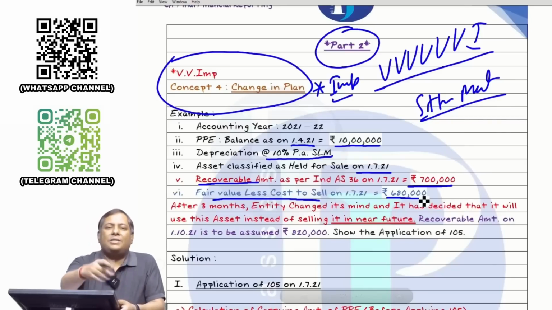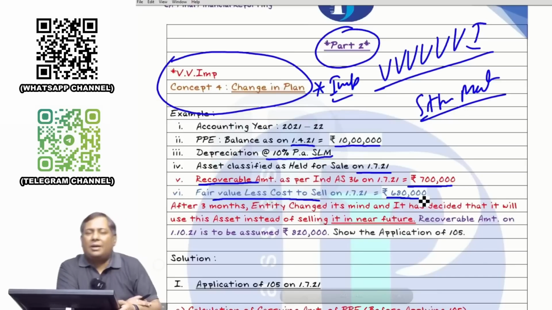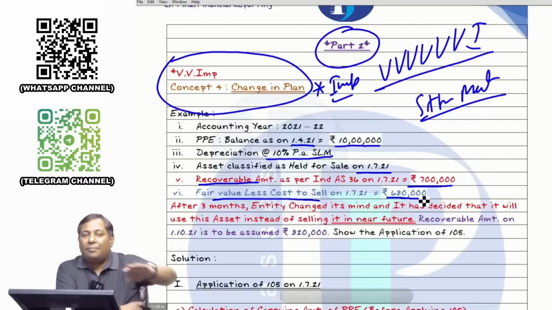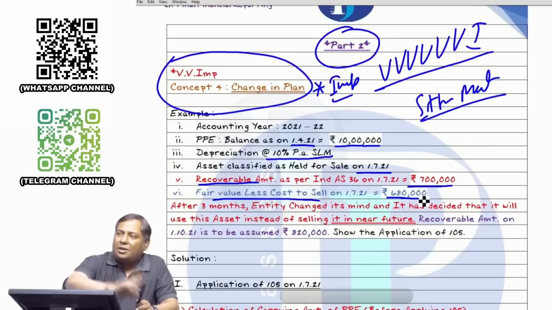So, first of all, what is change in plan? Change in plan means that you have made an asset held for sale. After some time, you feel that you made a mistake and you should use it. Your intentions changed and you told the management that we will use it and not sell it.